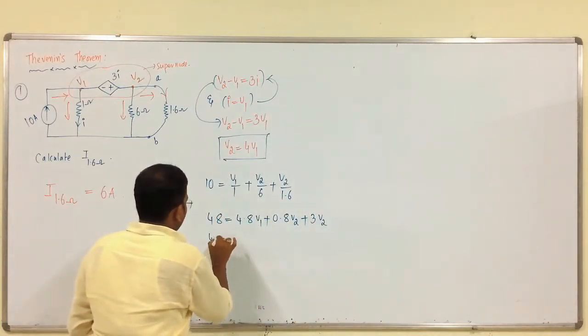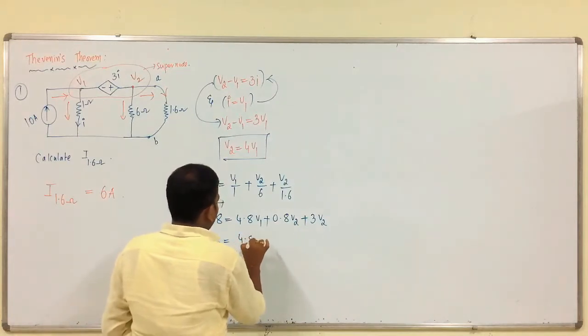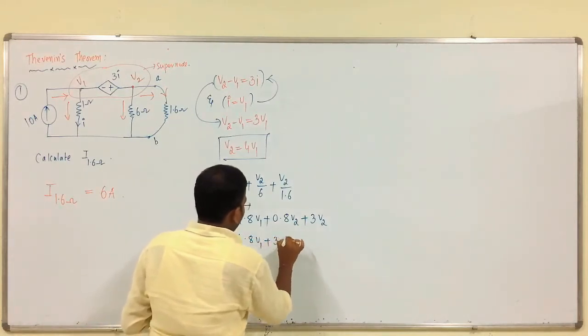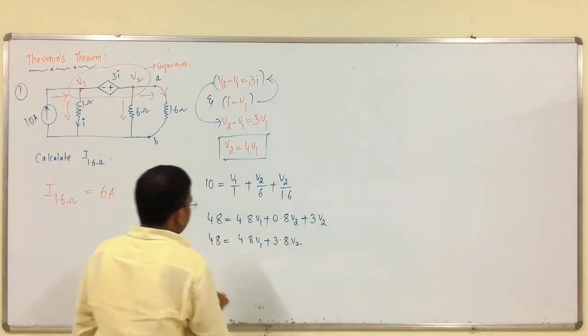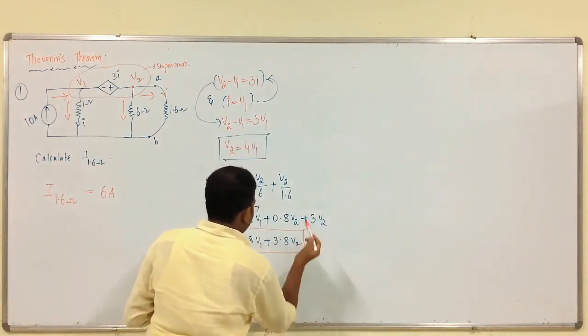So from this, 48 is equal to 4.8 V1 plus 3.8 V2. This is the equation with respect to nodal analysis.